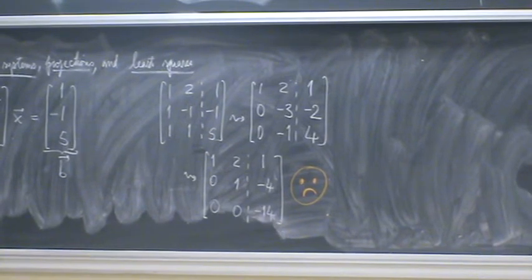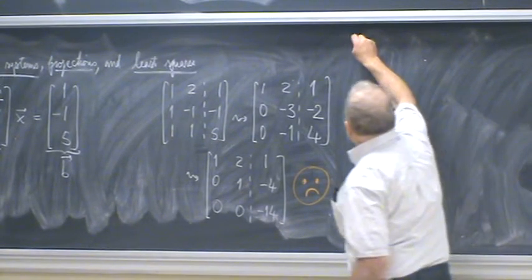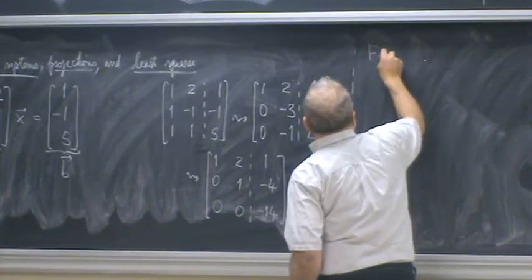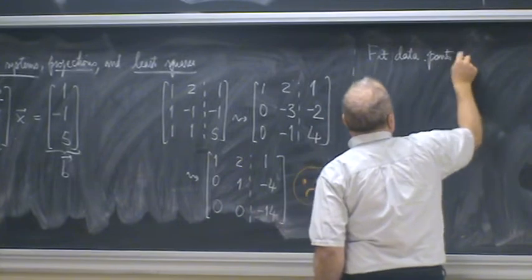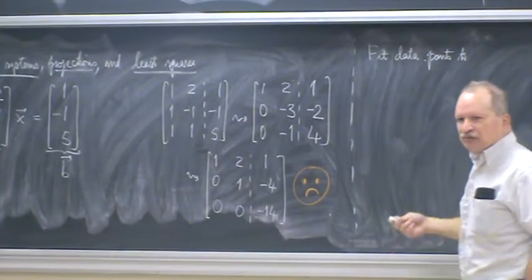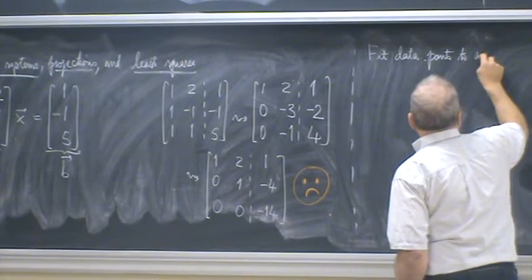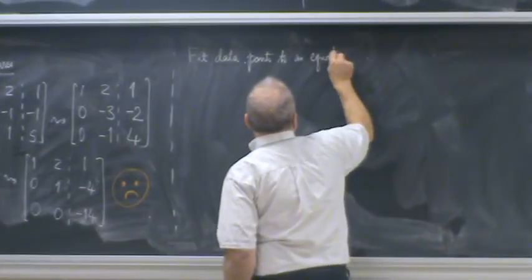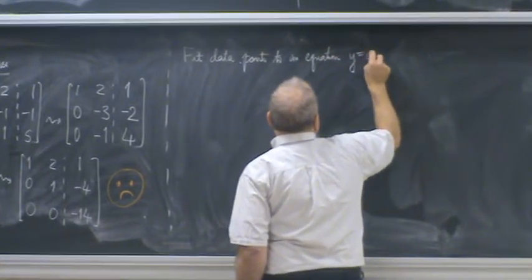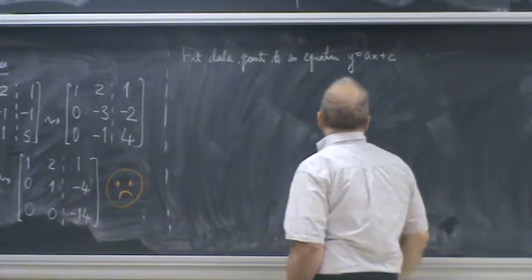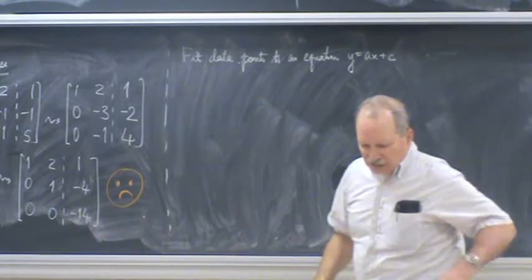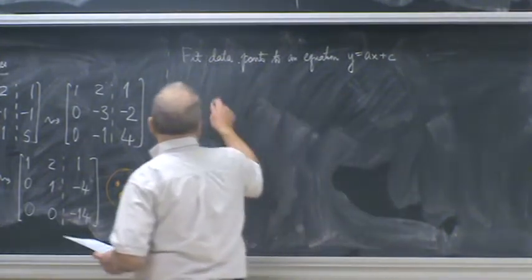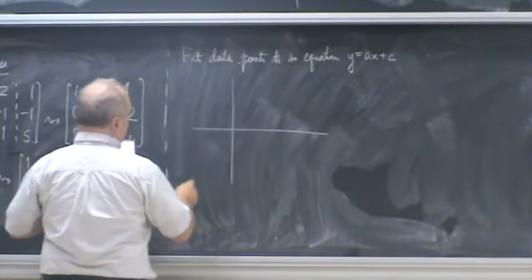Now, let me just point out that if you were trying to fit data points to some sort of equation, say an equation of the form y equals ax plus c, and I'm using c instead of mx plus b here for reasons that you'll see. You might have data points like negative 2, 1.